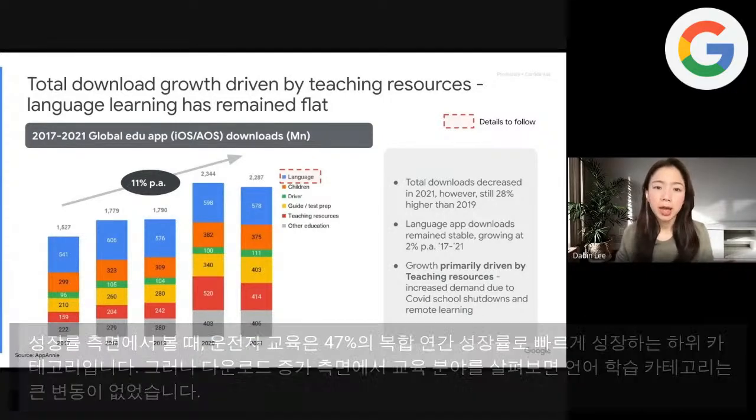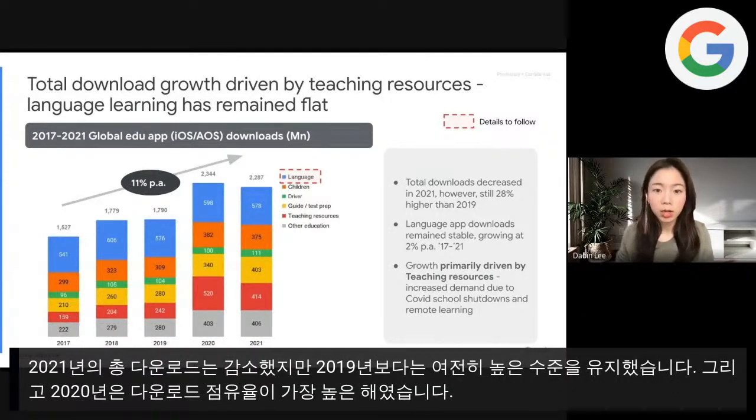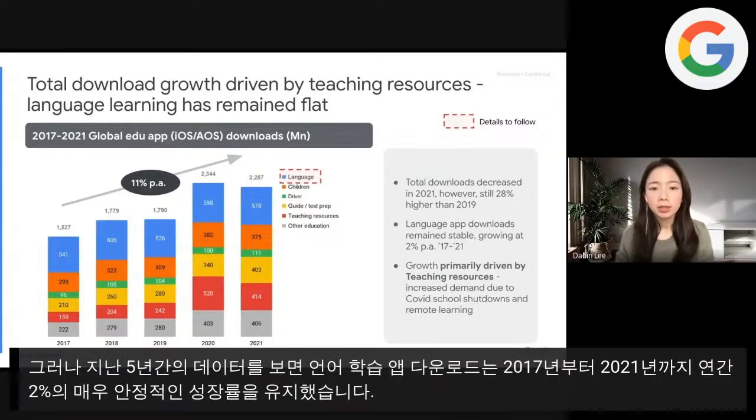The total download decreased in 2021, but it remained higher than 2019. And 2020 was the year with the highest download share. However, if you look at the last 5 years of data, language learning app downloads remained with a quite stable growth rate at 2% per annum from 2017 to 2021.